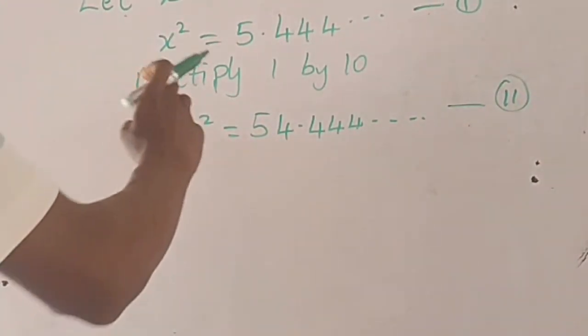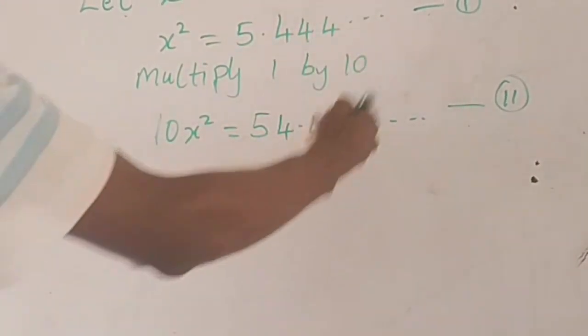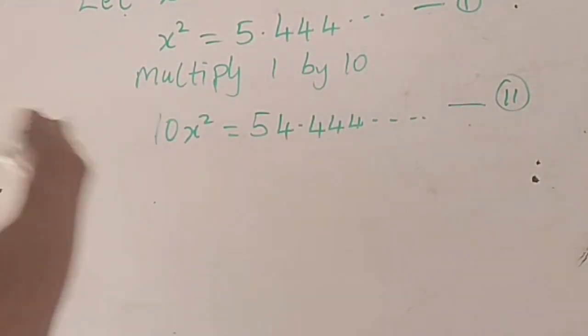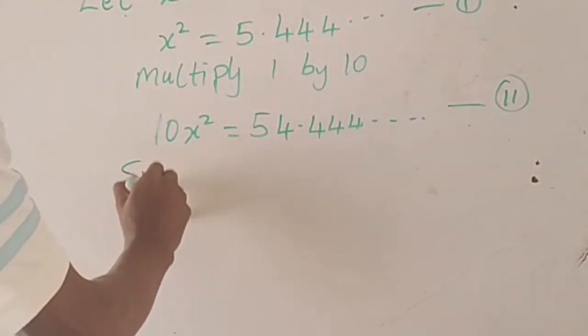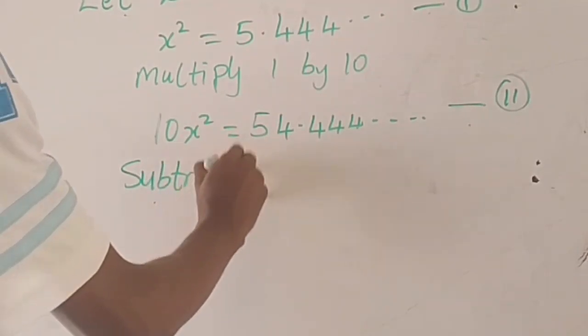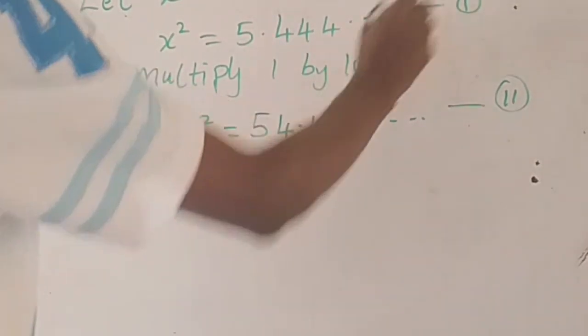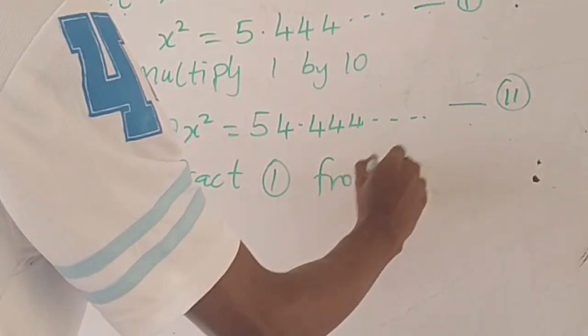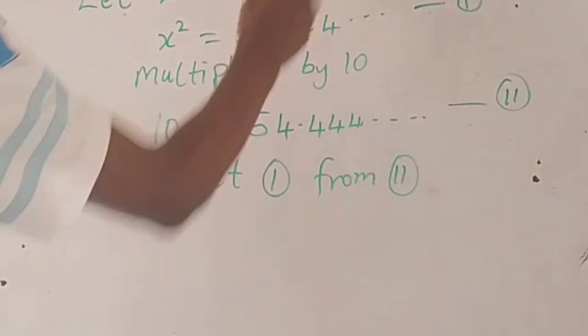We have turned this into a simultaneous linear equation where we have equation 1 and equation 2. So to do this, let us subtract 1 from 2. That is 2 minus 1.